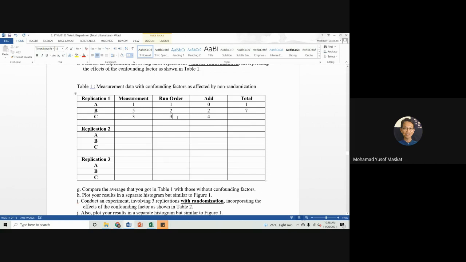But because it is done on run order number 3, it will be added by 4, meaning that this also will give a result of 7.